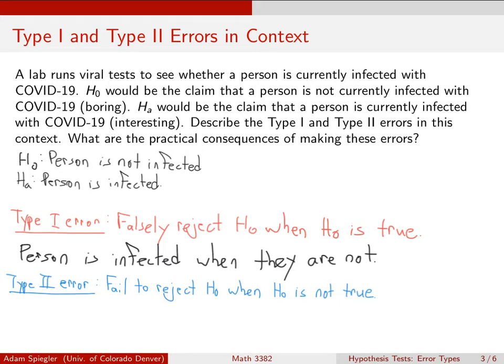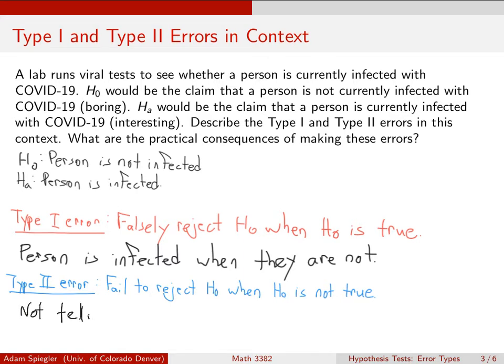We falsely determine the test is not significant when in fact it is significant and we should reject the null hypothesis. So in this case, failing to reject H0 would mean that we're getting an inconclusive test result. So in other words, we're not telling the person that they are infected when in fact they are.